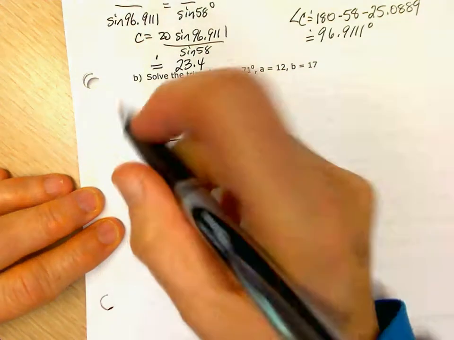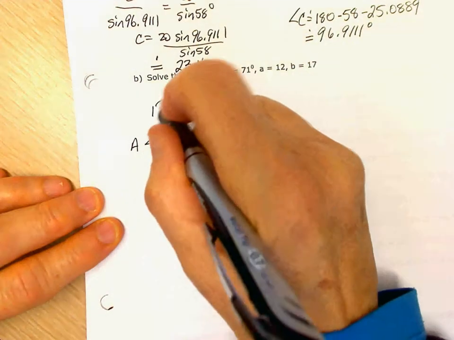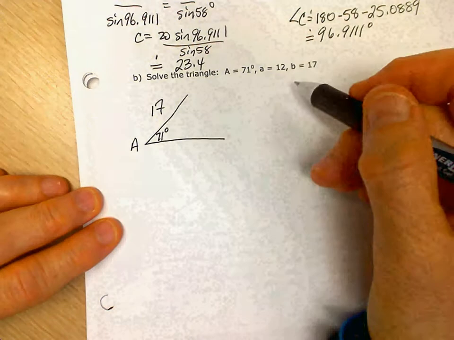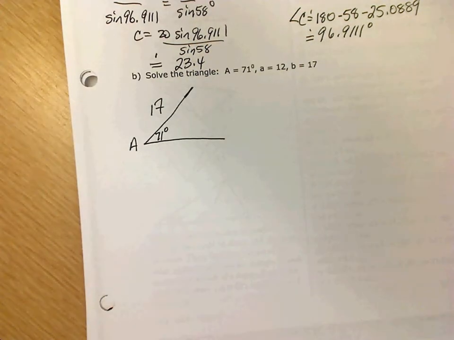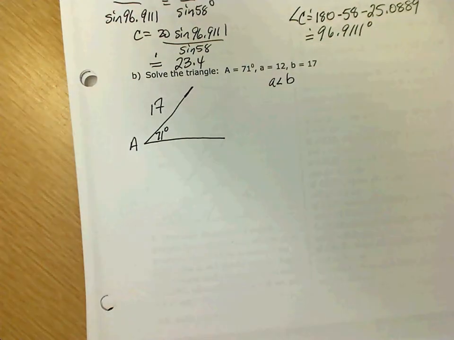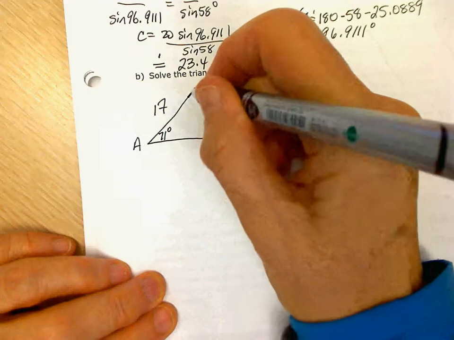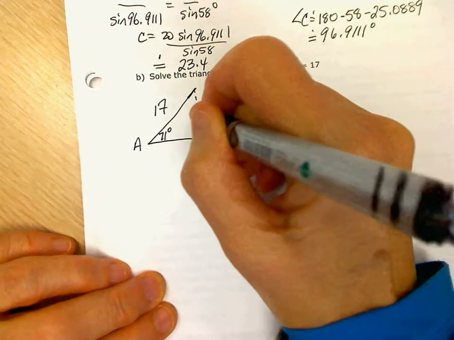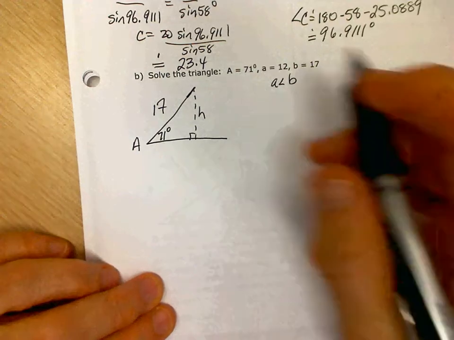Angle A, 71 degrees. B is 17. A is 12. Uh-oh, what should we do? We know A is less than B. What do you think? Oh, but we don't know for sure unless we compare it to height. Let's calculate the height.